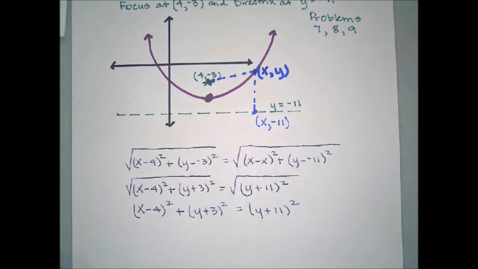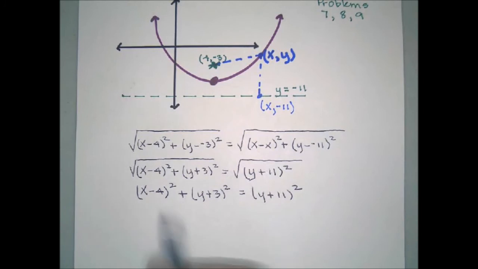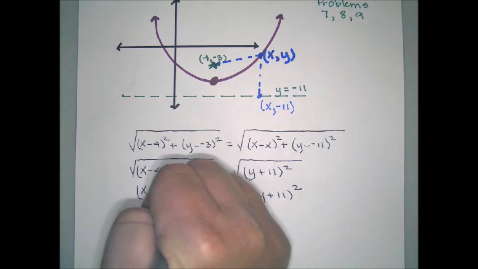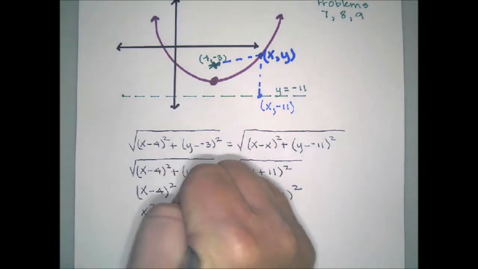Now from here on out, it's just some binomial multiplication, some foiling. So x minus 4, when you square it, is x squared minus 8x plus 16.